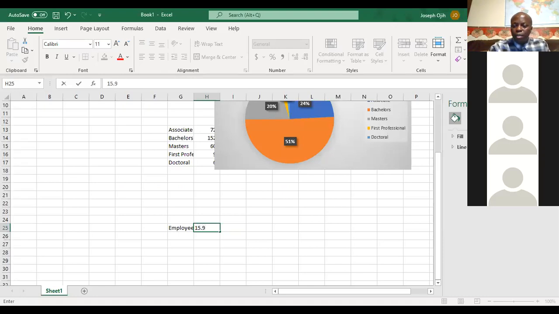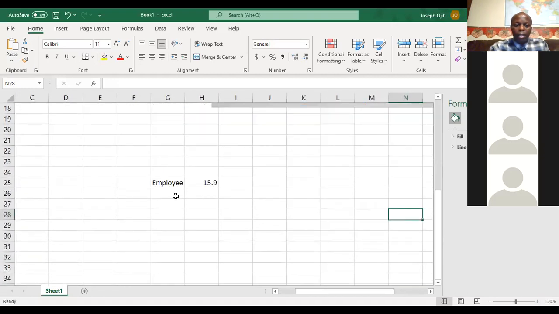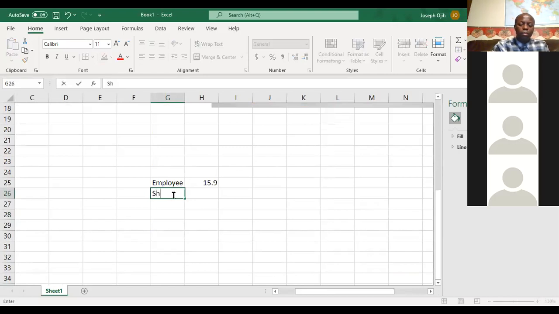I'll make this big. Okay, you can see better now. The next is shoplifting. I want to finish on time so that you can have more time to practice. 12.7 billion.